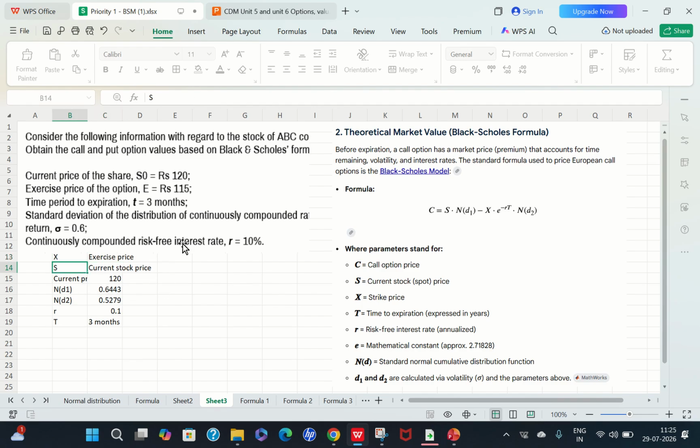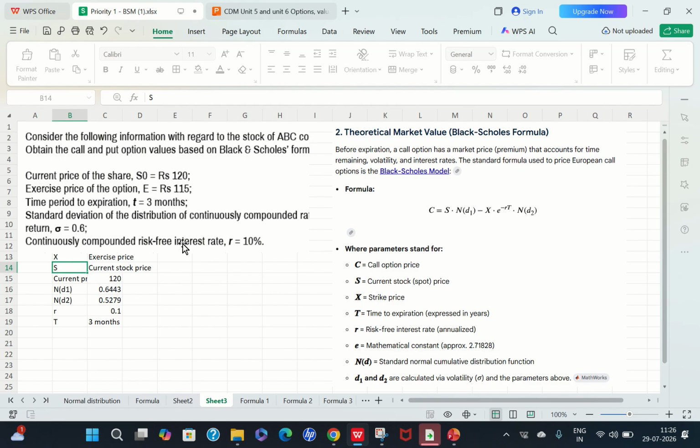What is the exercise price? Exercise price is the price which is agreed between the seller and the buyer, stating that irrespective of any change in prices in future, both parties should stick to the exercise price. So that is the agreement. The exercise price is the price already agreed in advance between the two parties.